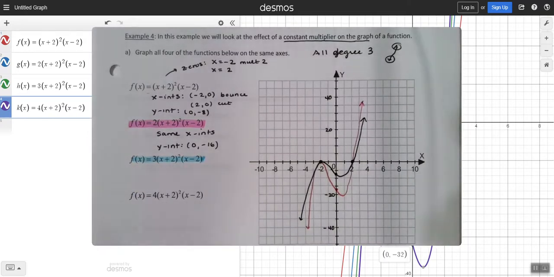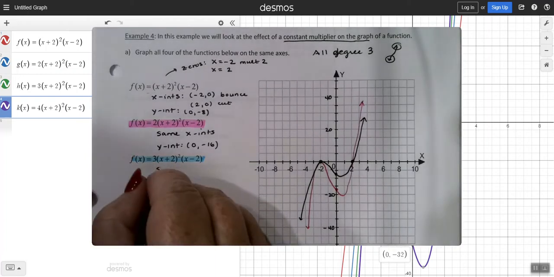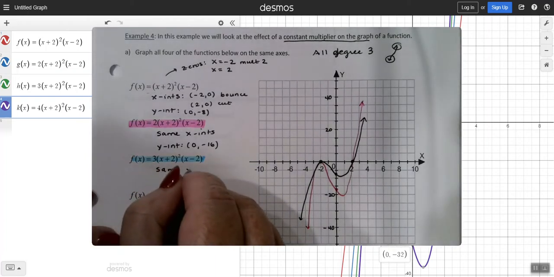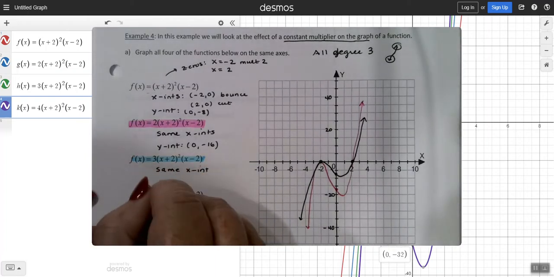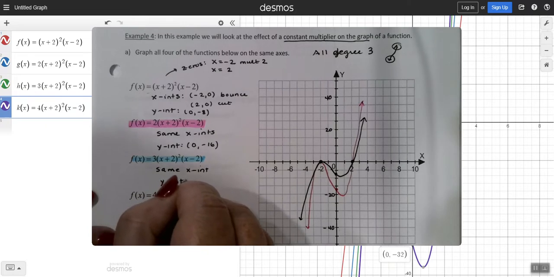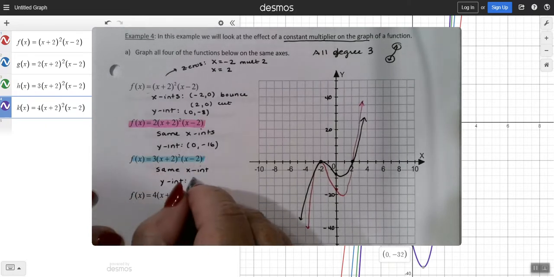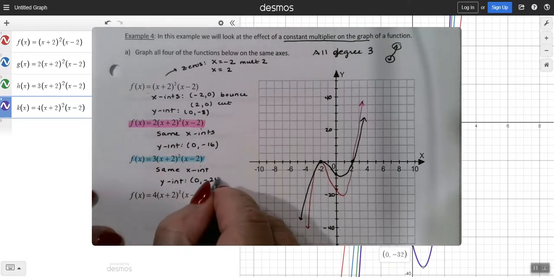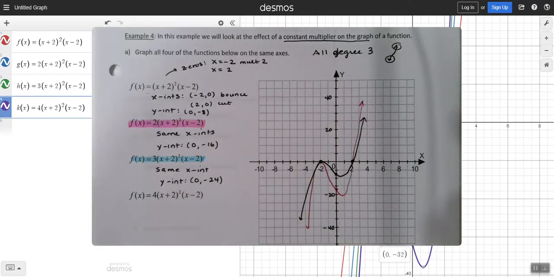When we tripled our original function, again we had the same x-intercepts, but all of the y values, including the y-intercept, were tripled. So now the y-intercept was 0, -24. About there.